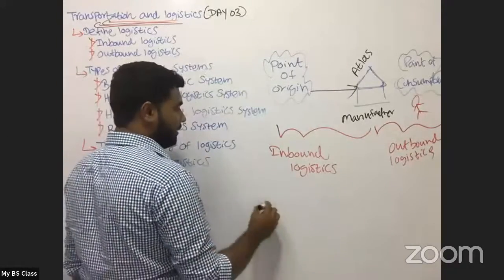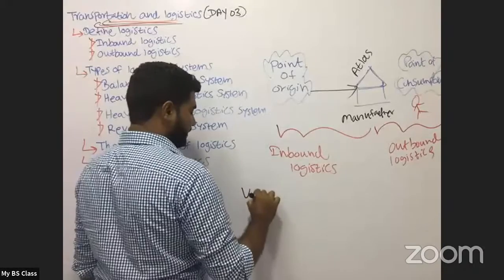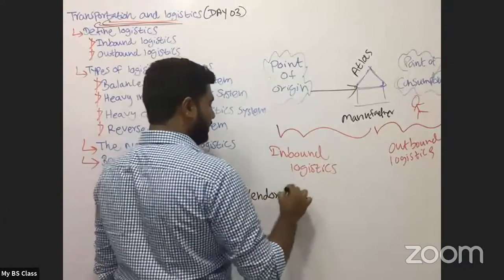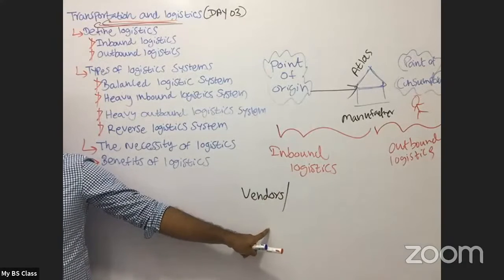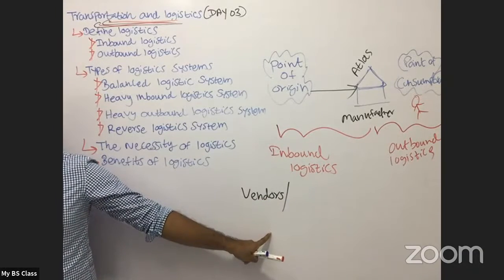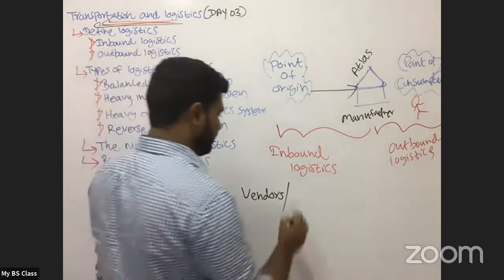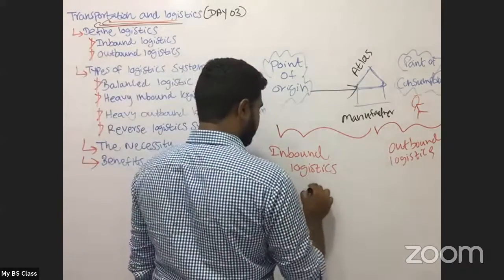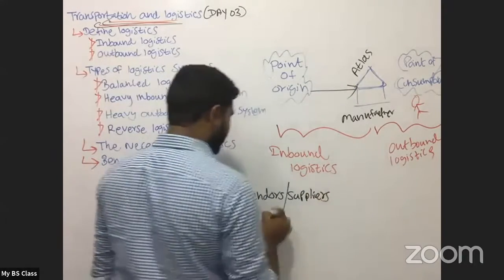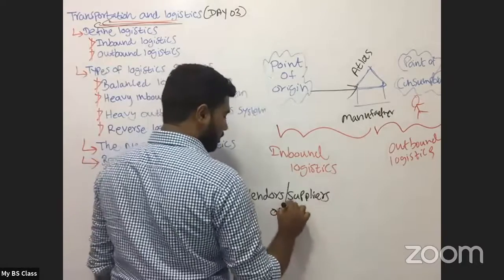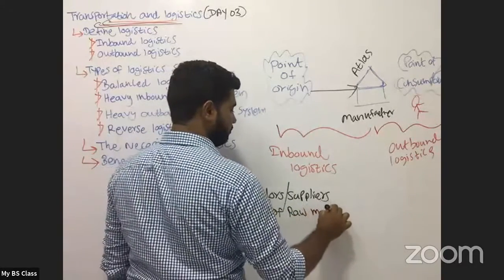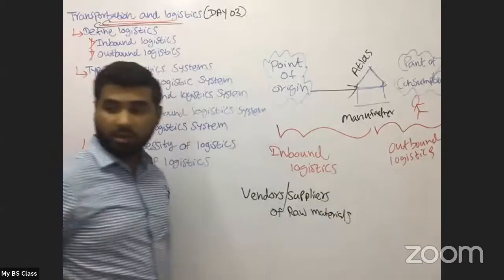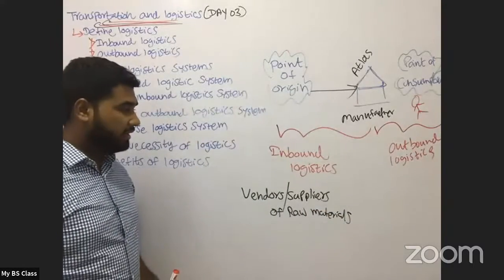So here we can take vendors. Another word you can use is suppliers. So you can have vendors or suppliers, suppliers of raw materials.